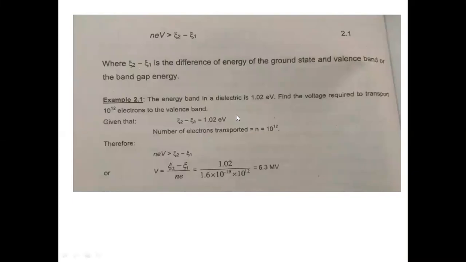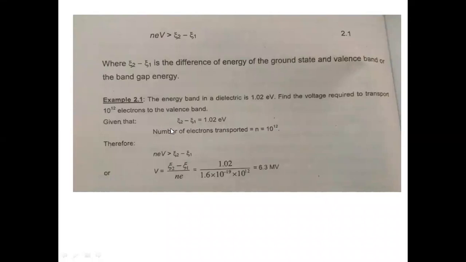So the first example is: the energy band of a dielectric is 1.02 electron volt, and we have to find the voltage required to transport 10 raised to the power 12 electrons to the valence band. I think we have already solved this example in the slides, but okay, for the repetition.